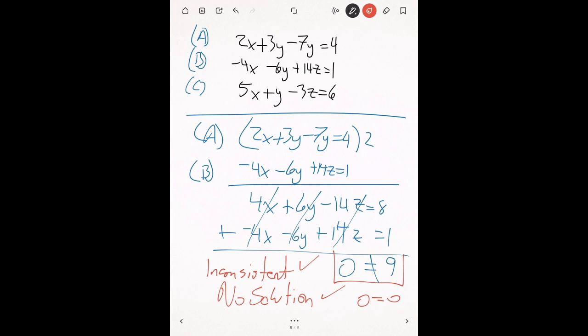It's inconsistent. If you get an identity, you would stop your work and say infinitely many solutions. So these are actually fairly easy to solve because you don't have to do much work. You do a couple steps and then you're immediately going to hit a contradiction or an identity.